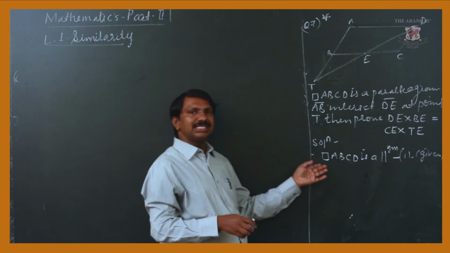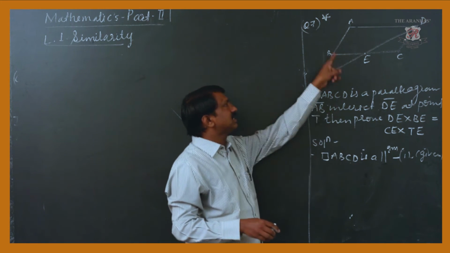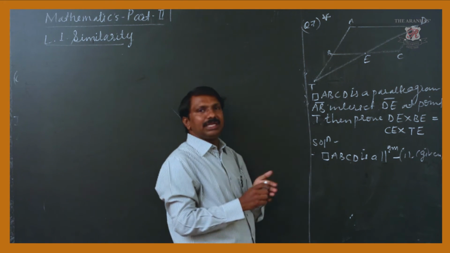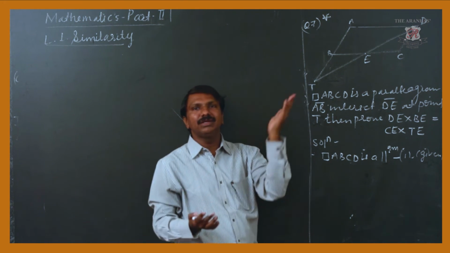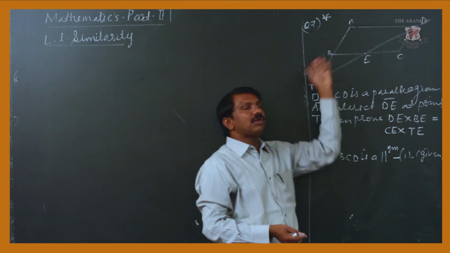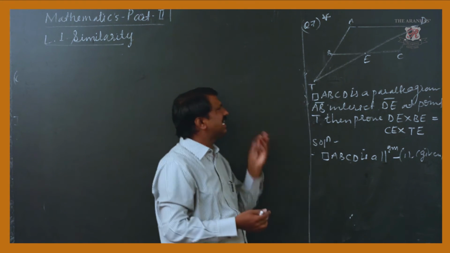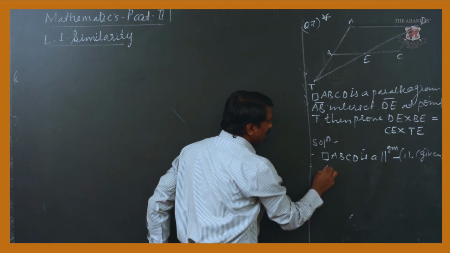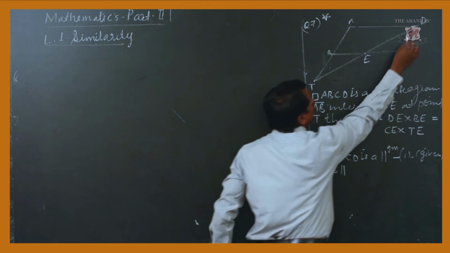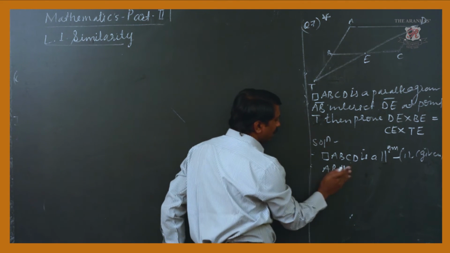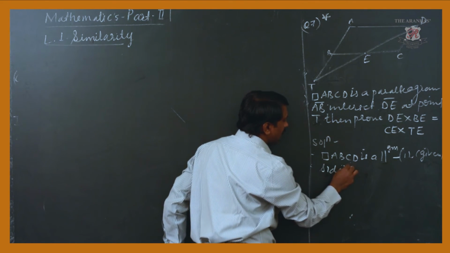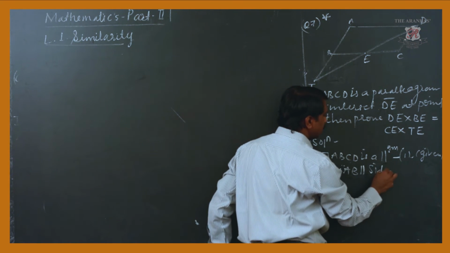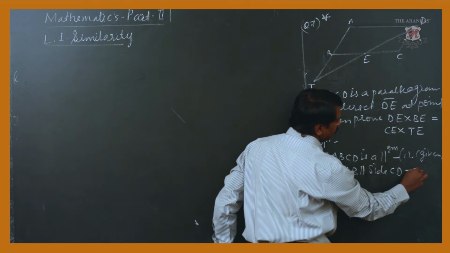So in this example, quadrilateral ABCD is a parallelogram, so we'll start to use its property. We know the properties regarding the angles, sides and diagonals. If you observe the diagram, we'll take whichever is necessary. The first one I'll use: segment AB is parallel to its opposite side, that is CD.